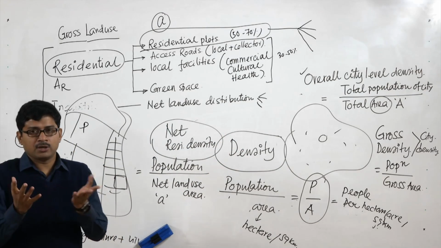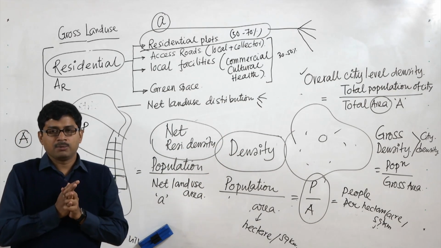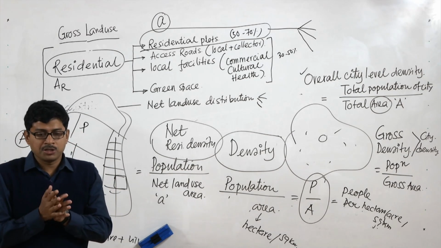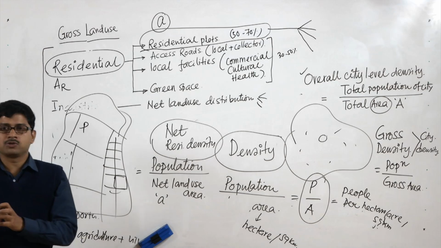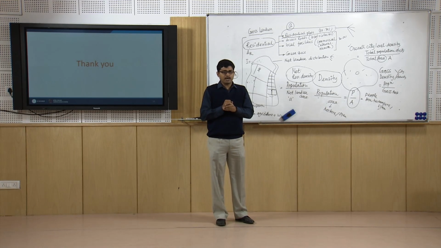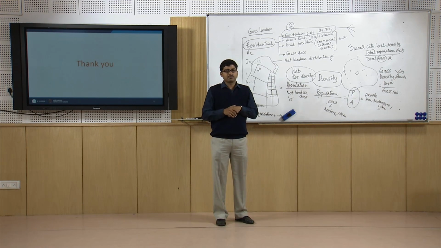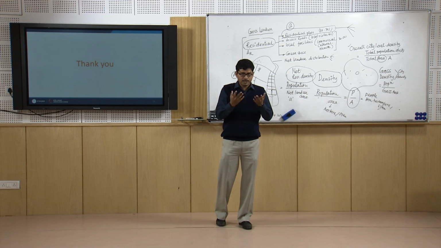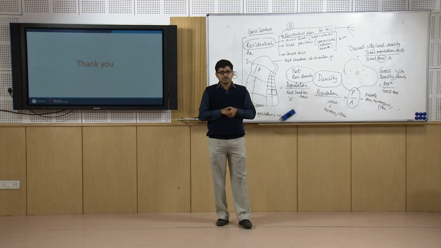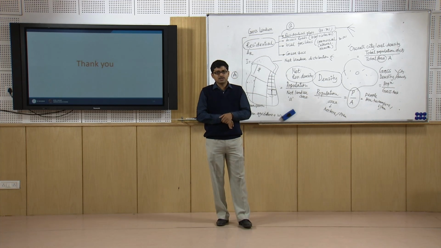It can be 800 or 1000 people per hectare, but how is this transferred to a plot? We transfer it to a plot using a few more control parameters which ultimately specify the buildability of a plot, the built element of the plot like a building or any structure. That we will see in the next lecture on development control and its relation with the land use plan.